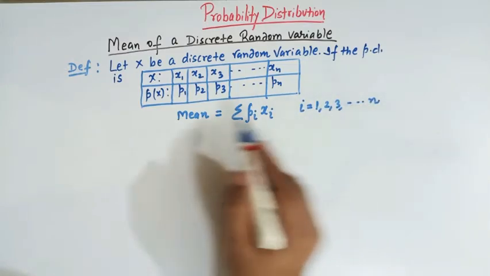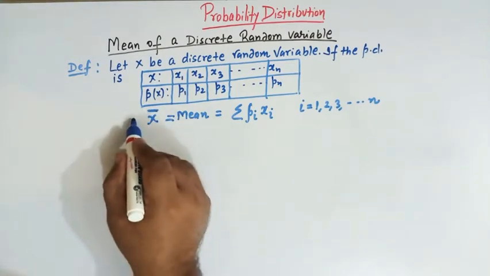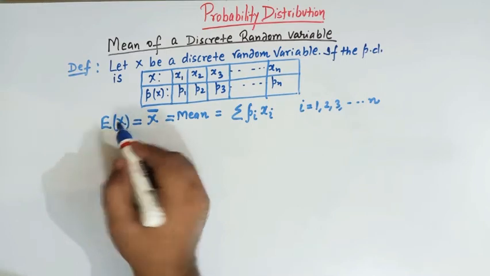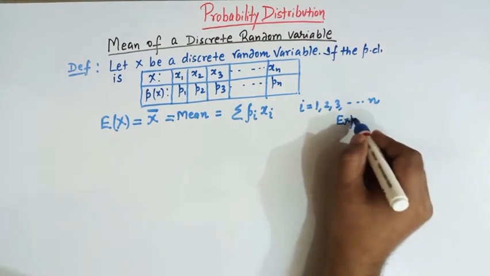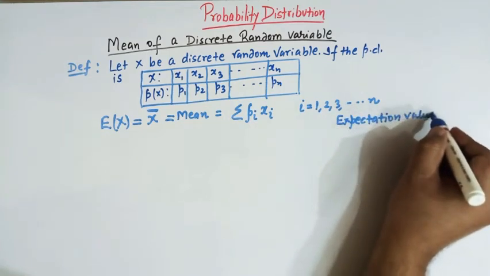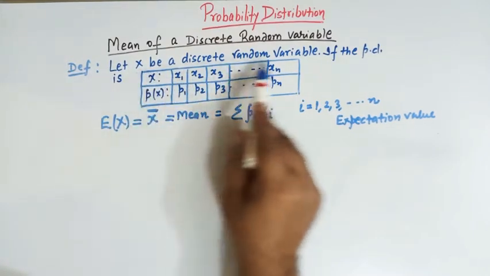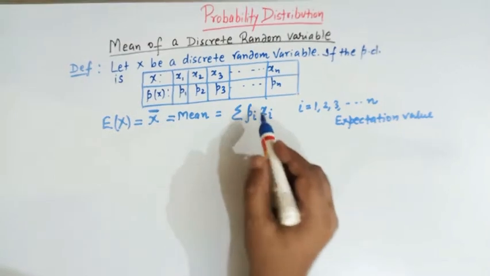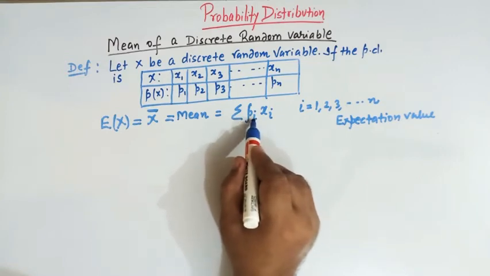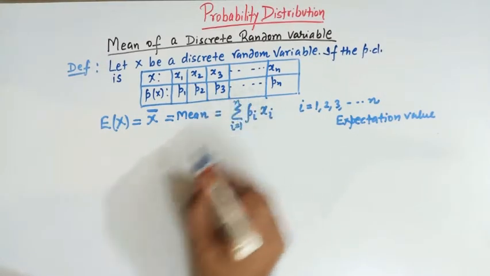So the mean, which is denoted by x bar, and sometimes it is also denoted by E of x, and E of x is called the expectation value of this random variable x. So the mean of this probability distribution is given by sigma of the product of pi and xi, where i takes the value from 1 to n.